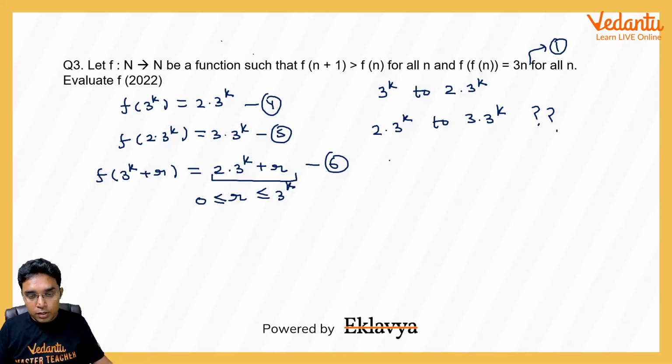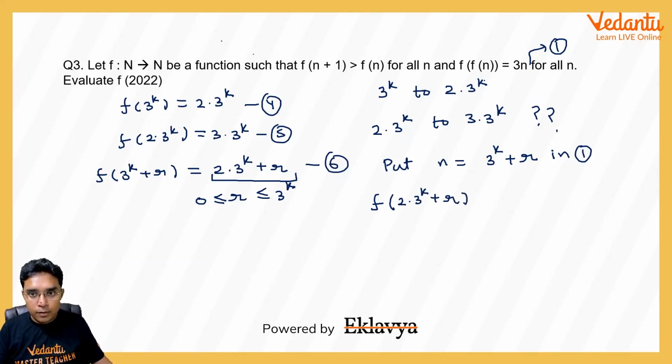So if I put n equal to 3 power k plus r in equation number 1, f of f of n will be f of 2 into 3 power k plus r, and that has to be equal to 3 into 3 power k plus r, and this is my equation number 7. You can check, this will again work for r from 0 to 3 power k.